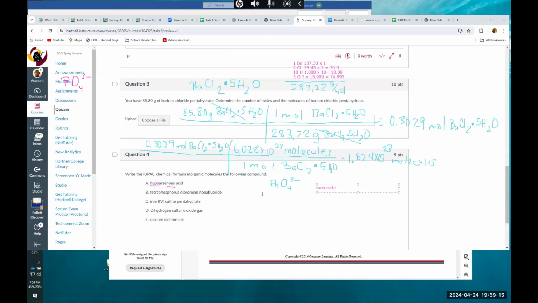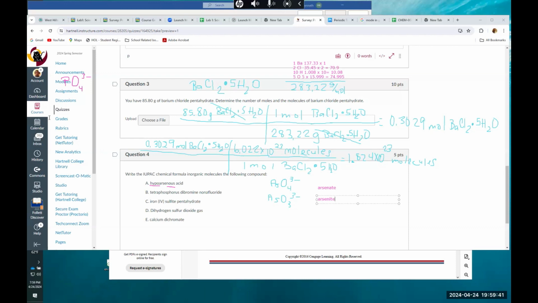If I want to go down to AsO3 with a 3 minus charge, then that's going to be called arsenite.